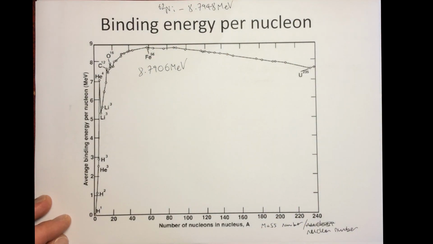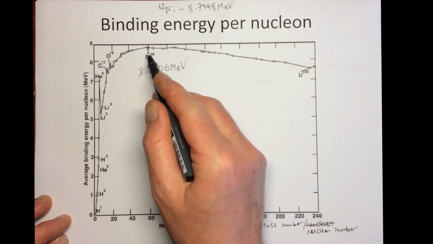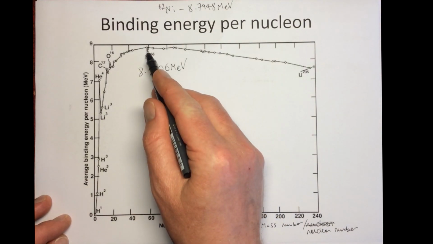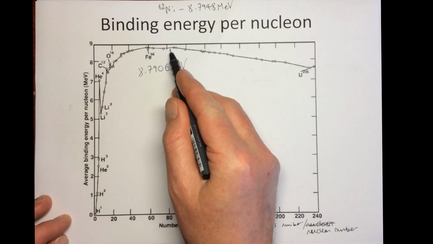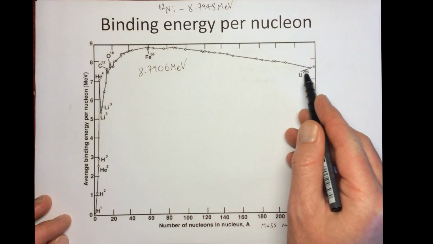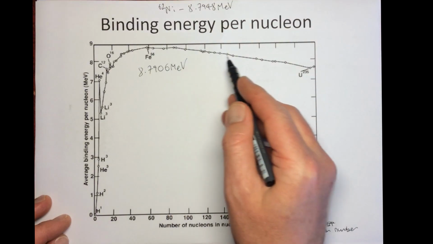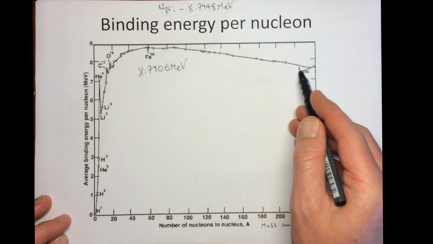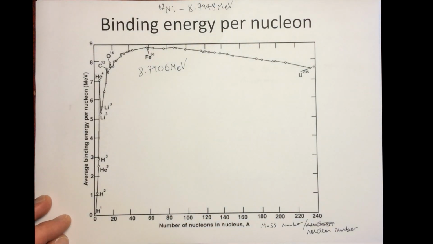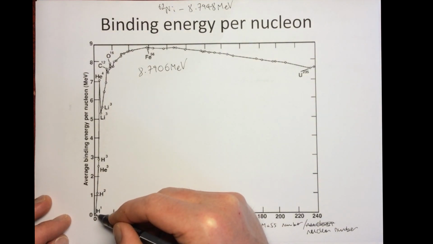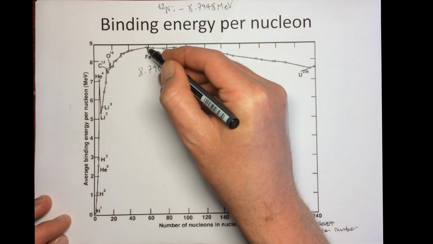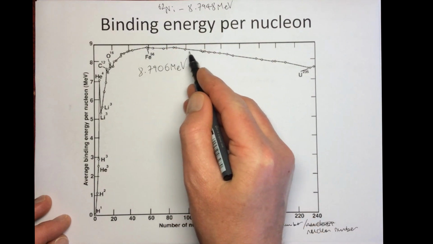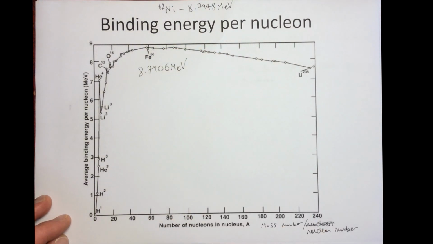Okay. Now, once you get beyond iron-56, the binding energy then decreases with mass. Not rapidly, but it decreases gradually with mass up to your highest mass nuclei like uranium. So low mass nuclei have a rapid increase in the binding energy per nucleon up to iron-56, and then a gradual decrease down to uranium-235.